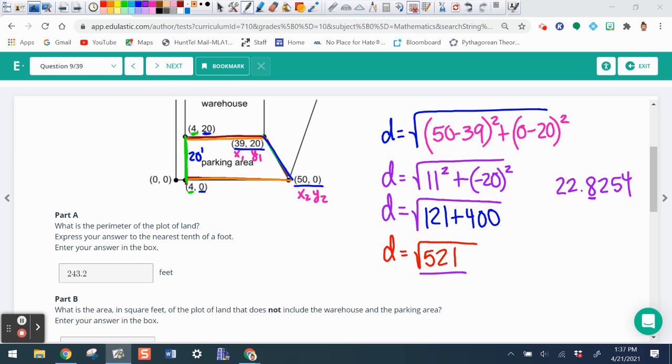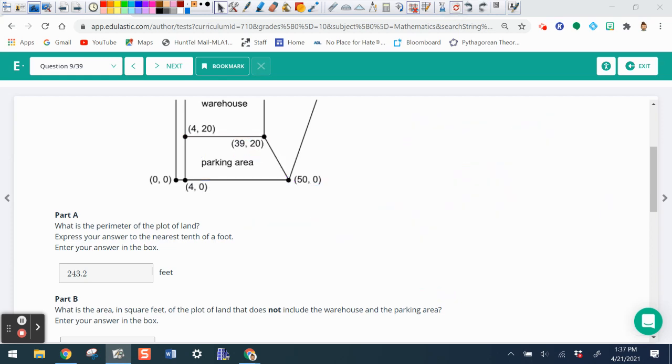And just a reminder that the 8 is in the tenths place. So we look to the number right behind it, and that 2 tells that 8 to stay where it is. So the distance of this diagonal line of the parking area is going to be approximately 22.8 feet. So to find our final answer, we're just going to combine the 20 feet from this left side and the 22.8 feet from this right side, and you should get a total of 42.8 feet. So that's what we're going to go in and put in that box down there.